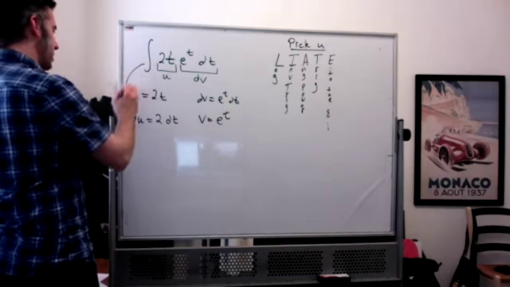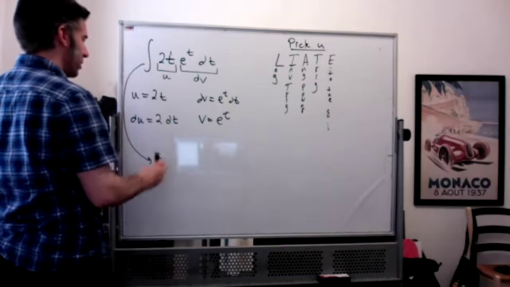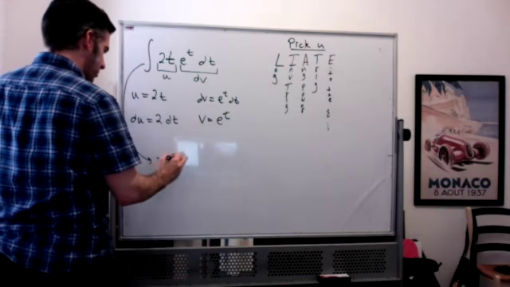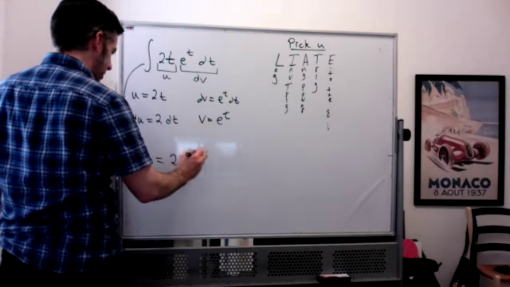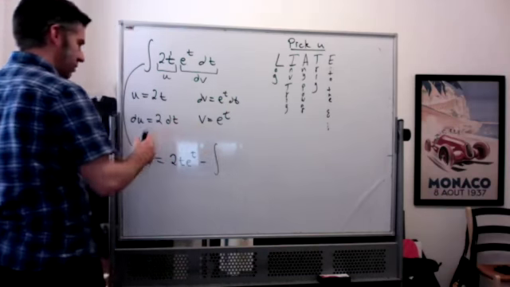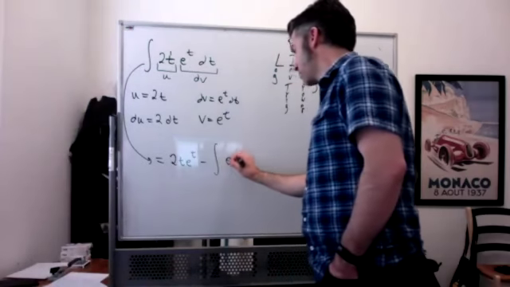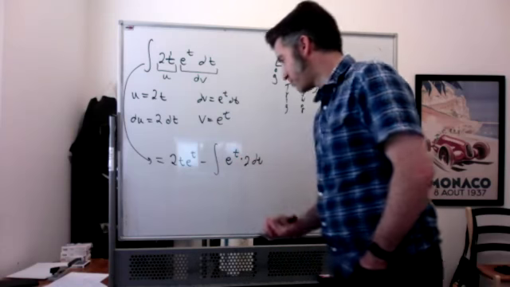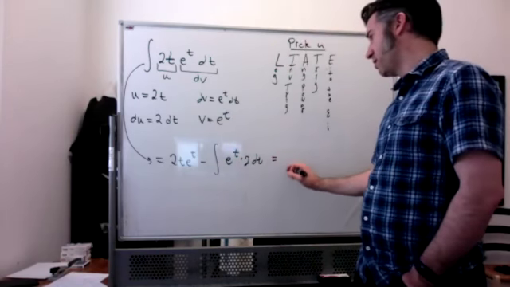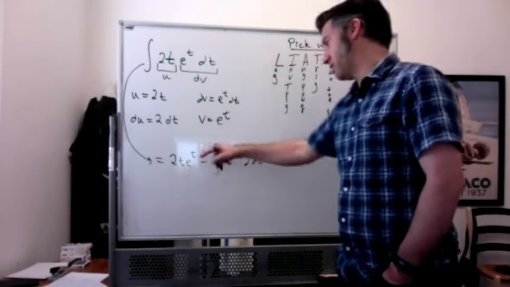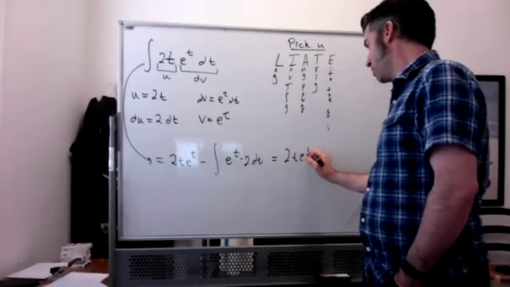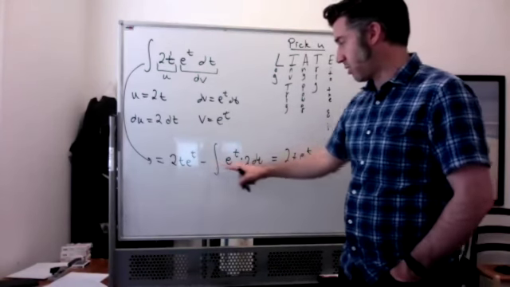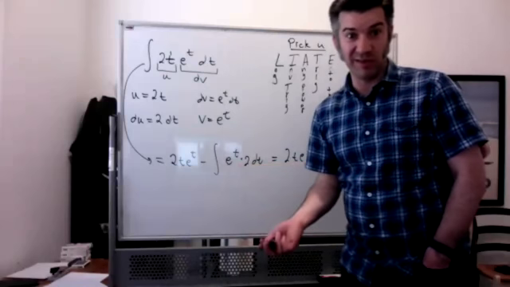So then we can say that this integral is equal to u times v minus the integral of v du. And then we can integrate that. We still have the 2t e to the t minus the integral of 2 times e to the t, which is just 2 times e to the t.